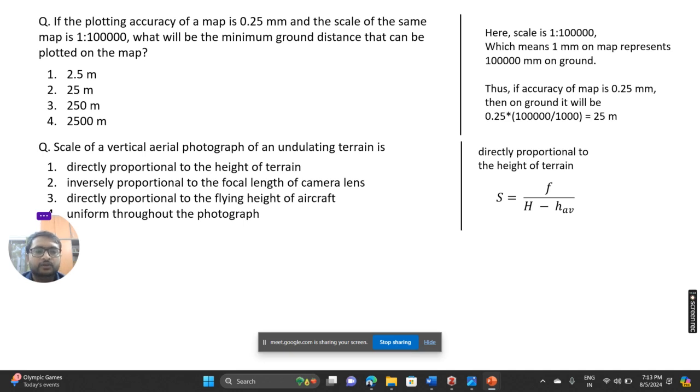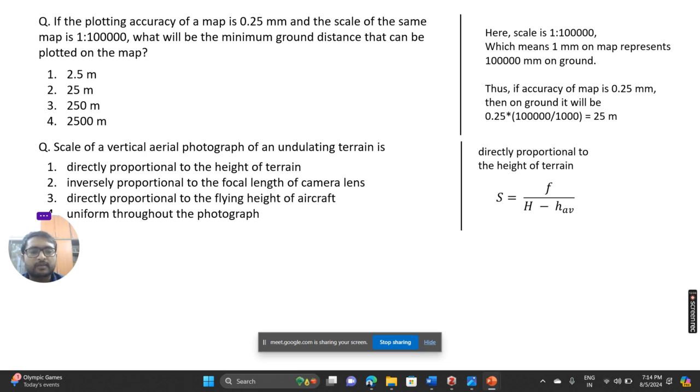So it is directly proportional to the focal length f, and the denominator is inversely related to the flying height of the aircraft. If we increase the height of the airplane, like we go up in the sky, then the scale will decrease, and vice versa. So H is inversely proportional to scale.